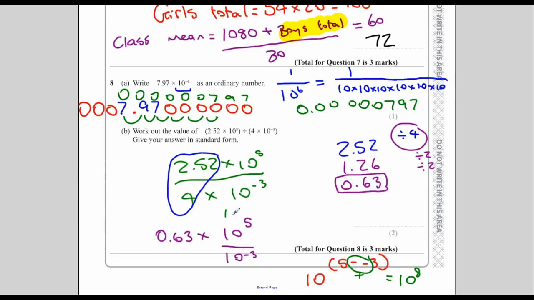Putting that together is 0.63 times 10 to the 8. To be in standard form, you can't have 0 point something, it has to be a number here, so we need 6.3. We made that 10 times bigger, so we used up one of our times by 10s. So our final answer is 6.3 times 10 to the 7.